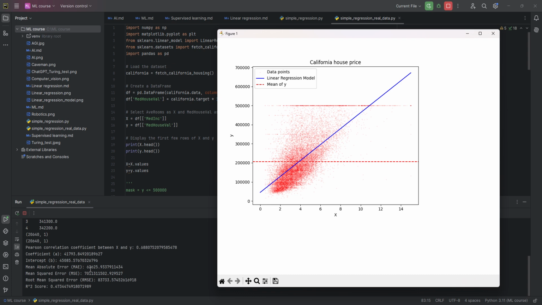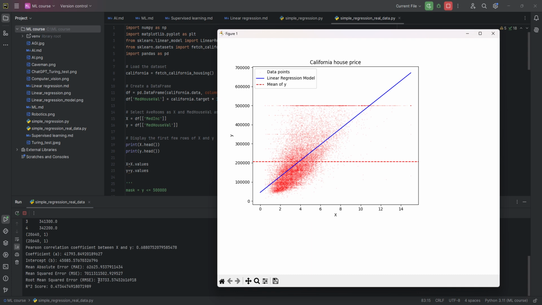And the MAE is telling me that there is about $62,000 in average error between the blue estimator, my linear model, and the reality, the ground truth.